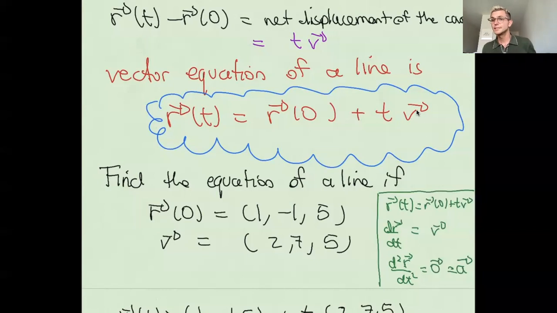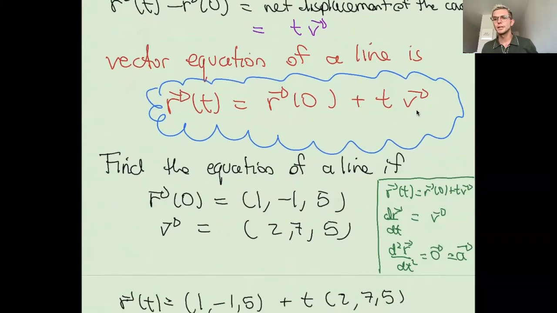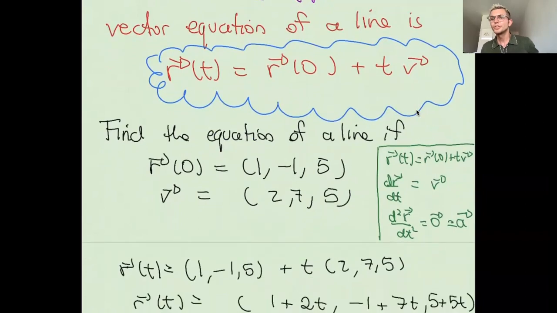So yeah, this is only for a line. But there's nothing against it. I mean, you can draw lines on the xy plane. You can draw lines in space. You could also draw lines in higher dimensional spaces. They all have the same format, which is this format.